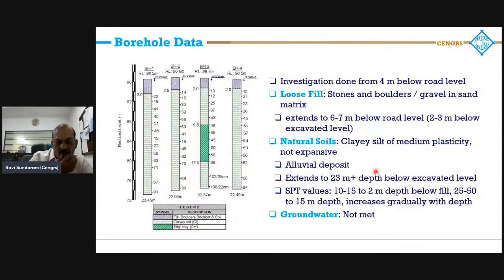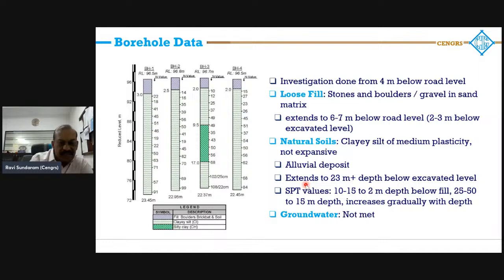So, this is what the borehole data found, that below the loose fill of stones and boulders in the sand matrix, which extends to 6 to 7 meter depth, the natural soils consist of clay silt of medium plasticity, not expansive, alluvial in nature.